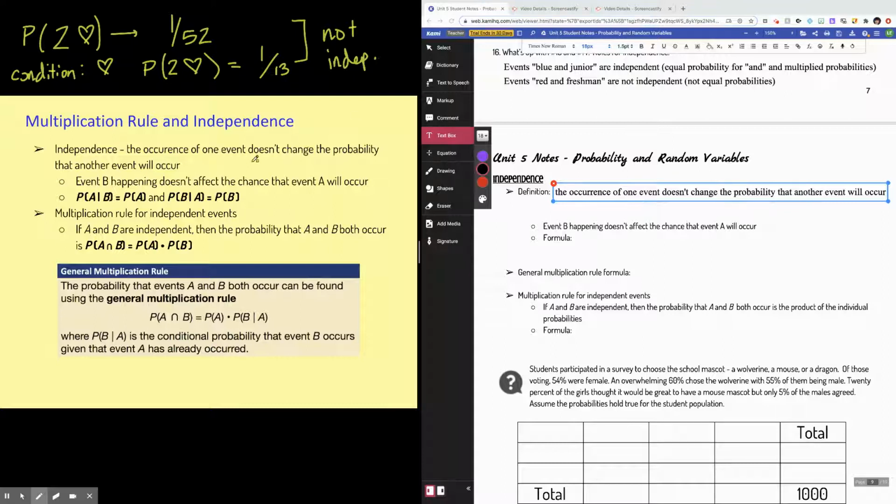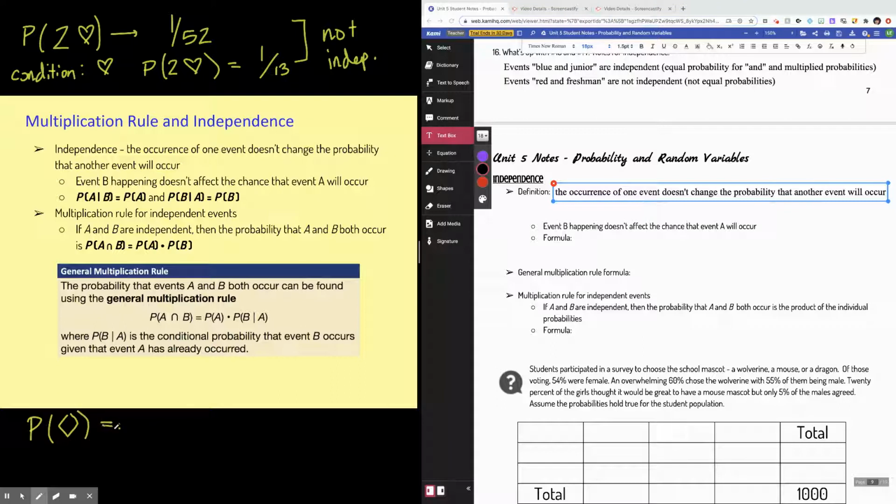Okay? Now, instead, I'm going to write at the bottom of the screen. Let's say I pulled a card at random, and I want to know the probability that this card is a diamond.